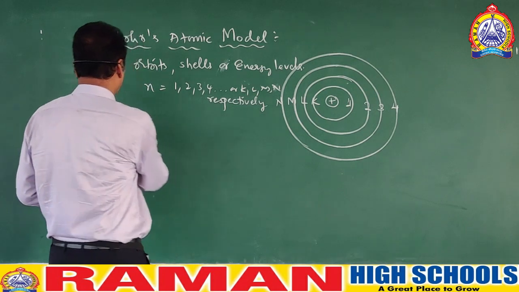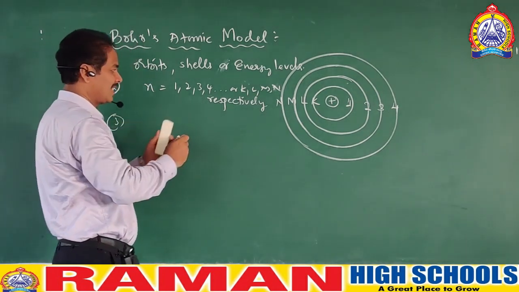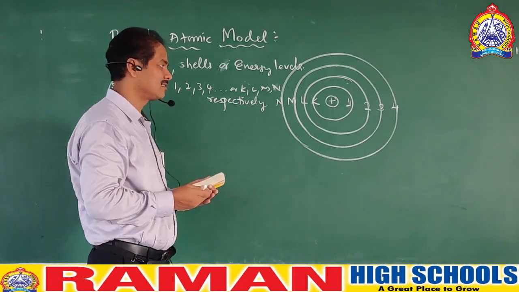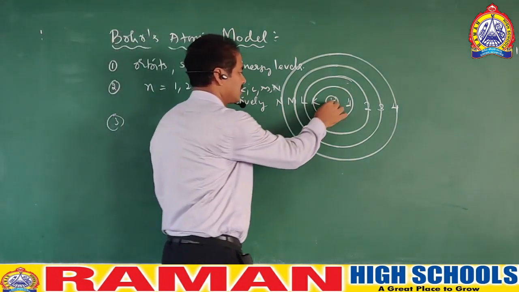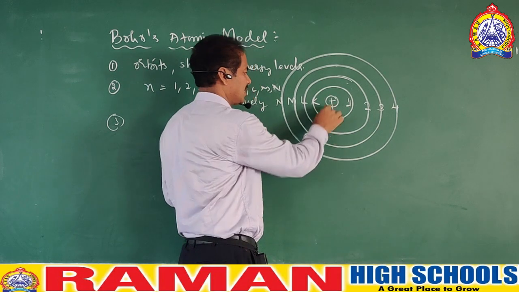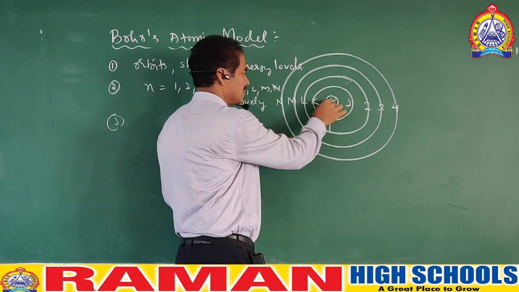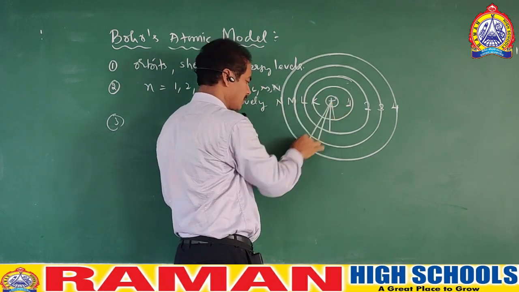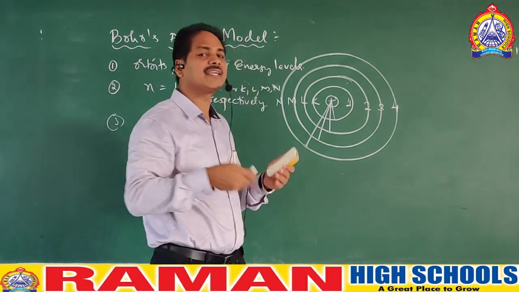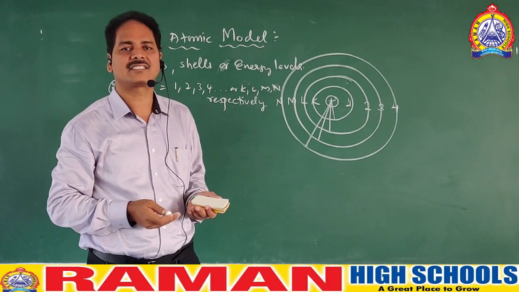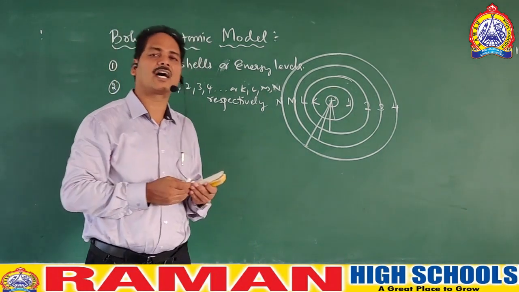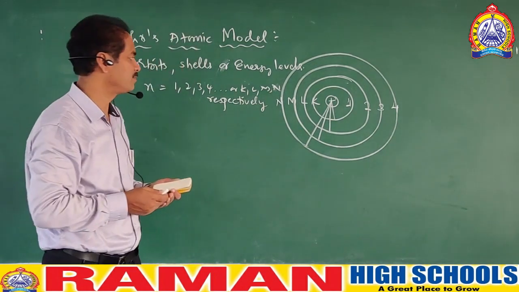And if you see, as the number of orbits increases, the size of the orbits increases. See, the first orbit size is this much, the second orbit size is this much, the third orbit is up to here, fourth orbit is up to here. As the number increases, the size increases. As the size increases, the energy associated with the orbits also increases.